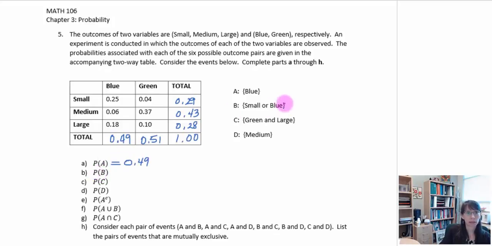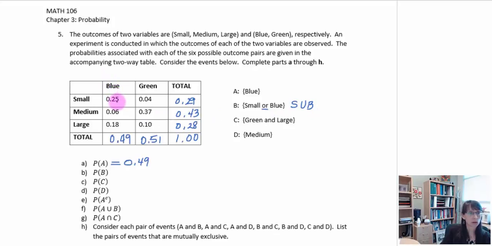Event B is a little more complicated because it actually involves 2 different events at the same time. So we're looking at small or blue. So when we see the word or, what that actually means is the union of small with blue. So small in union with blue.